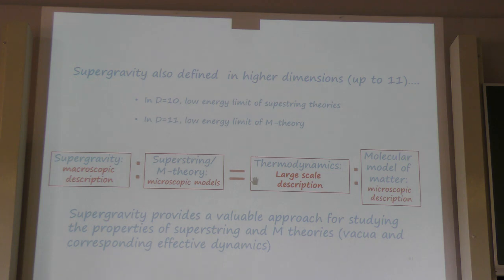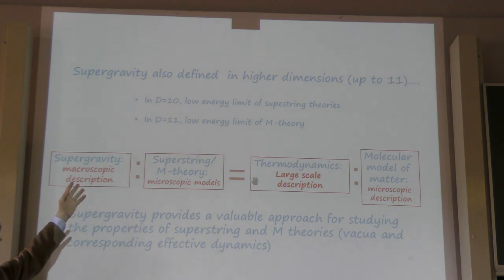M theory was conjectured in the 90s by Witten as a missing ingredient needed to complete a duality picture of string theories. So it's useful to have this picture in mind.